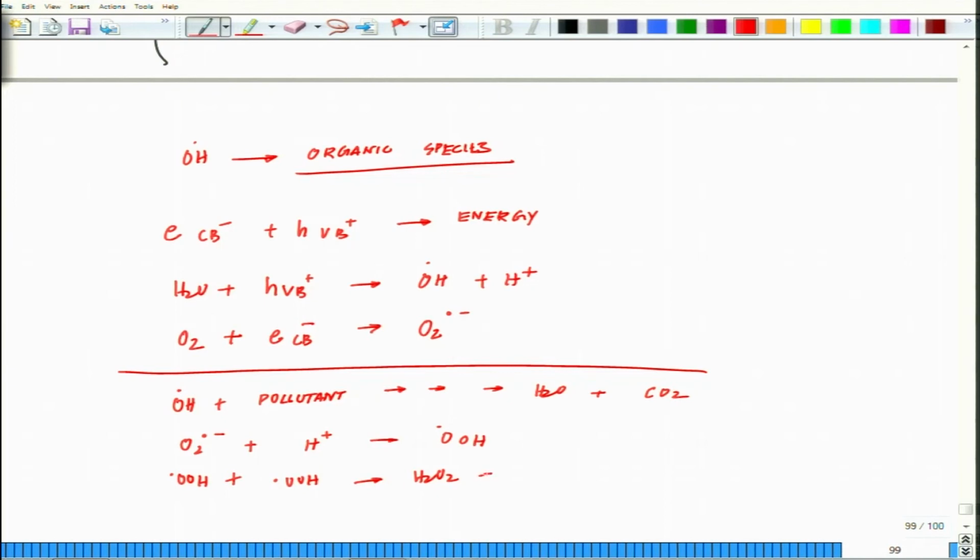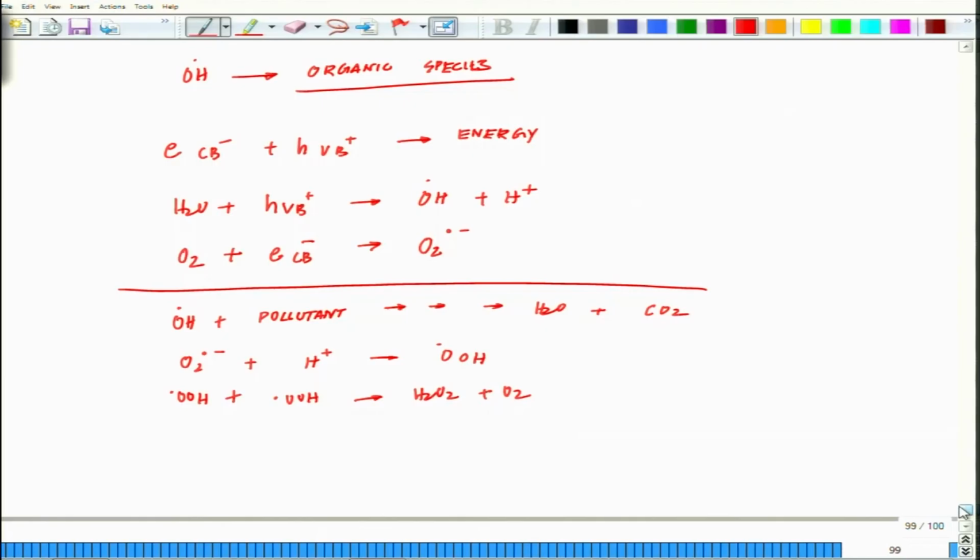This will remind you of the role of pyrite, where it generates a trace amount of this O2 dot minus plus a pollutant.